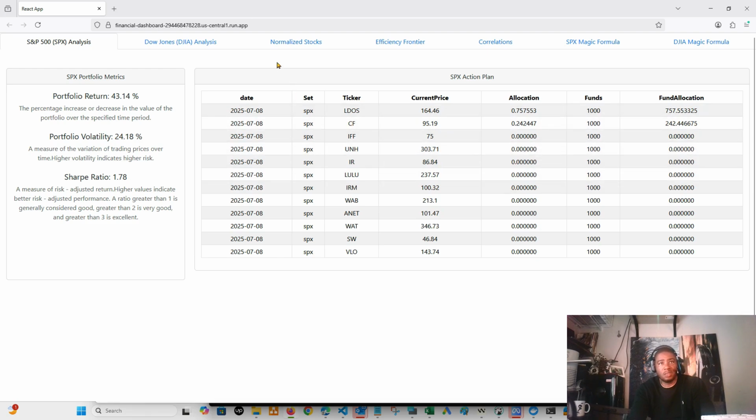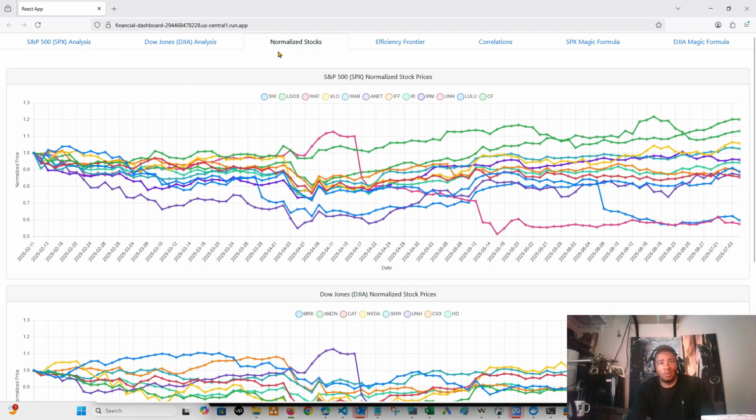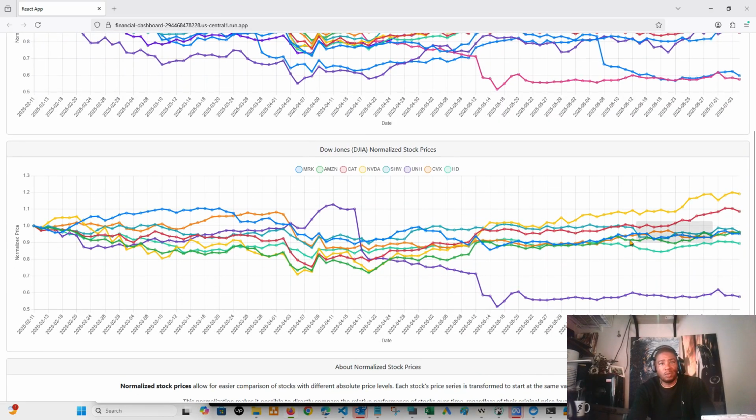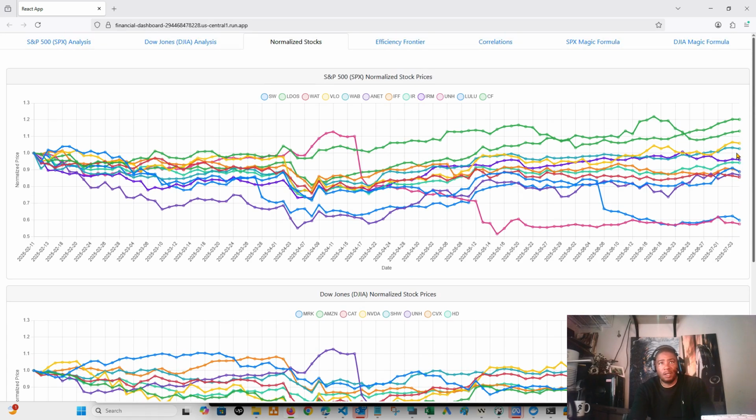But what I'm going to do is show you what I do as far as being able to pick the winners from the losers here. I'm looking at a normalization chart.